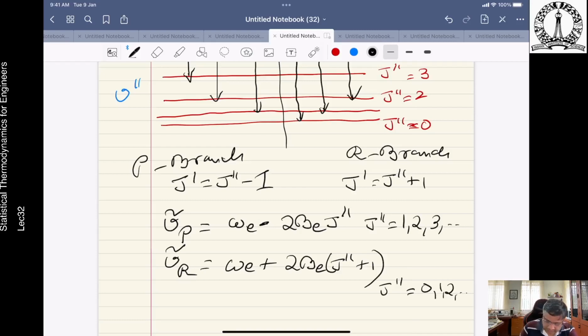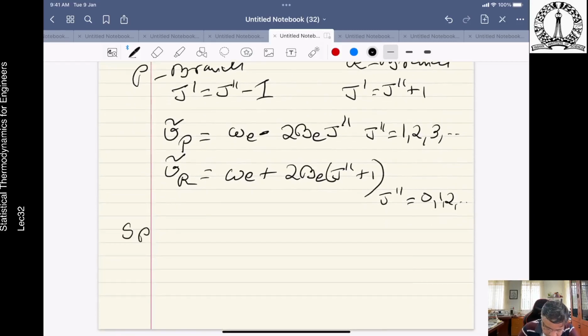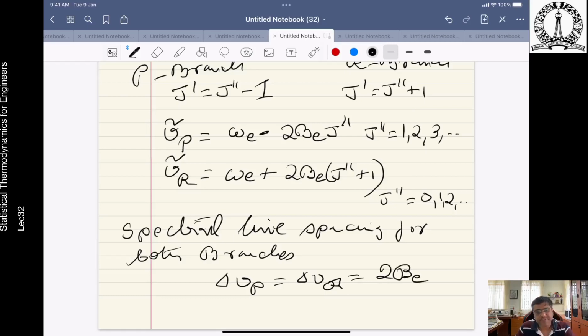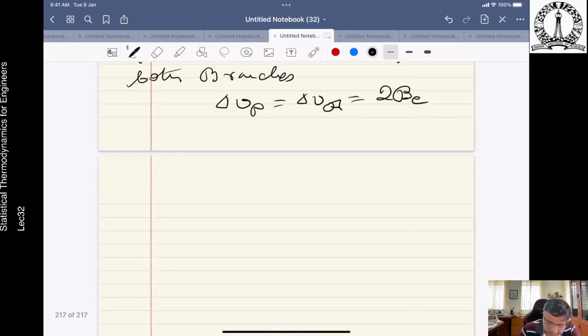So the spectral line spacing for both branches is delta P equal to delta R, equal to 2be.